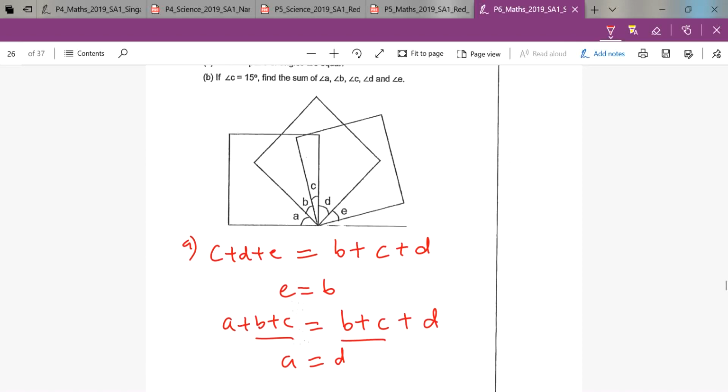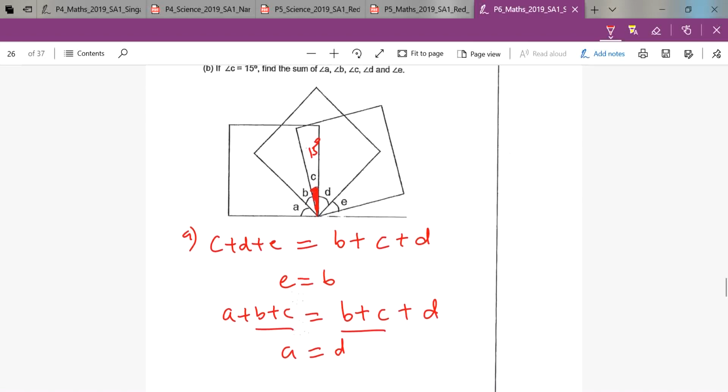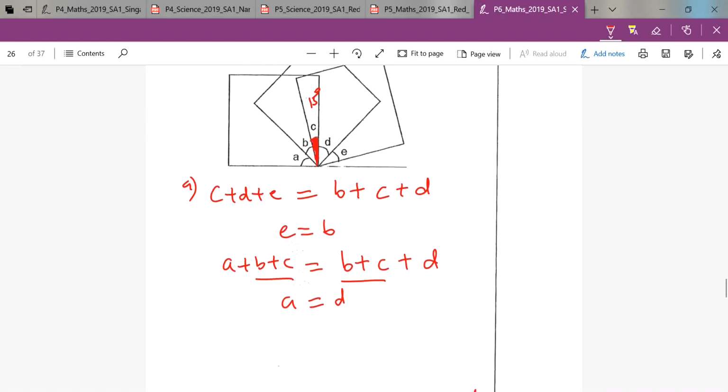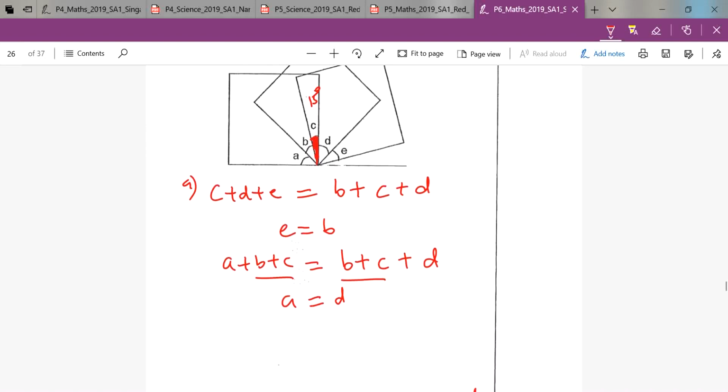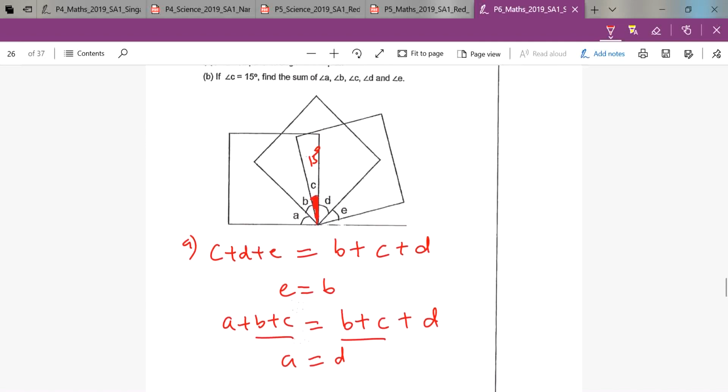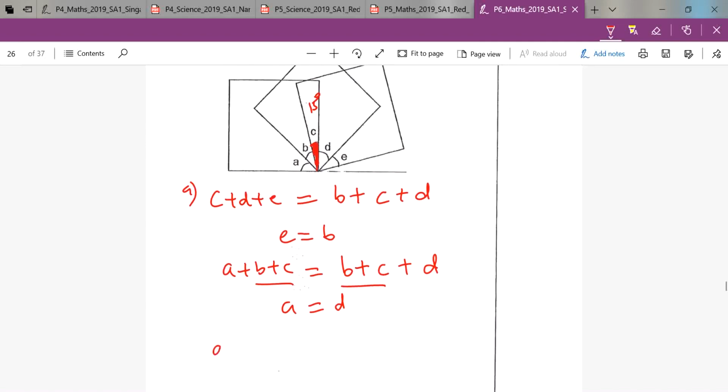Now, if angle C equals to 15 degrees, find the sum of angle A, angle B, angle C, angle D, and E. Alright, so this one is 15. This is 15. Okay. So basically, the sum of angle A, B, C, D, E, A plus B plus C is 90, right?